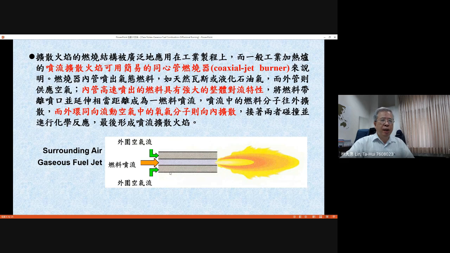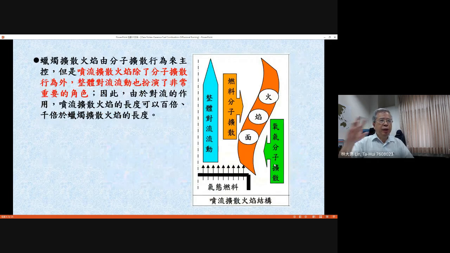You can see from these figures that you can produce a so-called diffusion flame, and this diffusion flame will extend to a longer distance. The structure is very similar to that of a candle flame. The major difference is that for the candle flame, the interior of the diffusion flame is controlled by fuel molecules diffusing from the center to the outer surroundings.